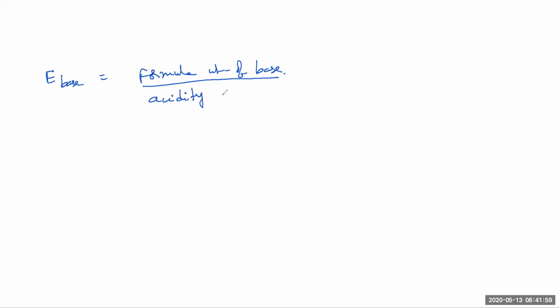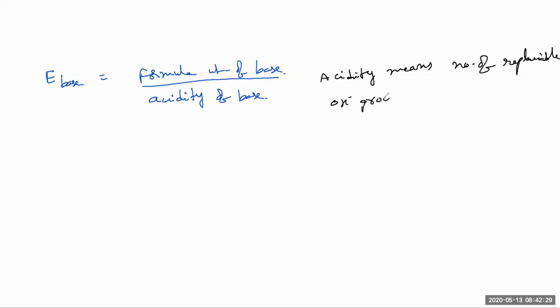What is the meaning of acidity of base? It means number of replaceable OH groups.